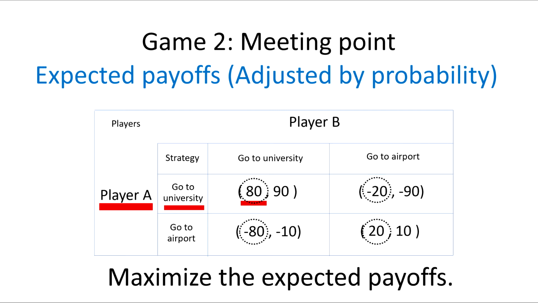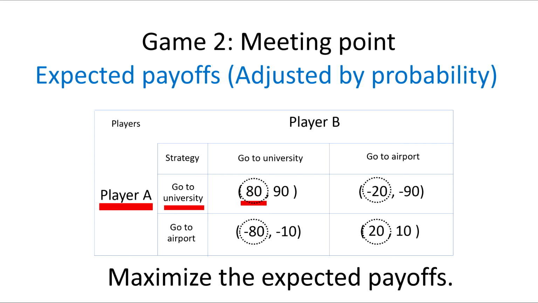We have 4 payoffs for player A. Going to university and going to university, player A will get 80 U-turns. If player A goes to university and B goes to the airport, then minus 20. If player A goes to the airport and player B goes to university, minus 80. And if player A goes to the airport and B goes to the airport, plus 20.